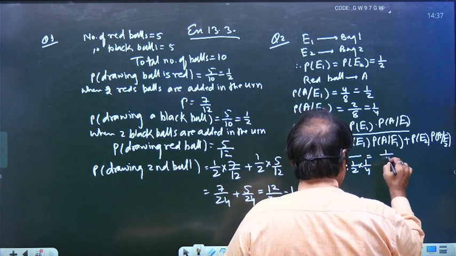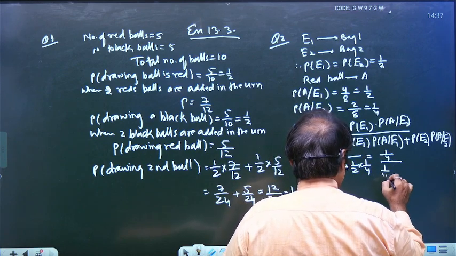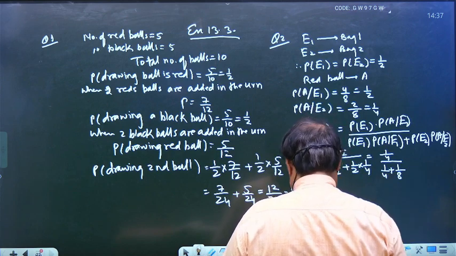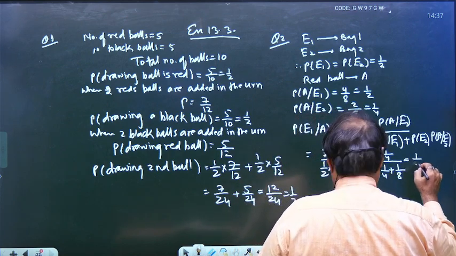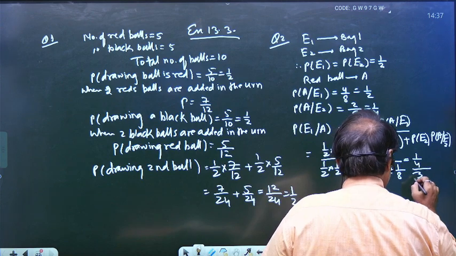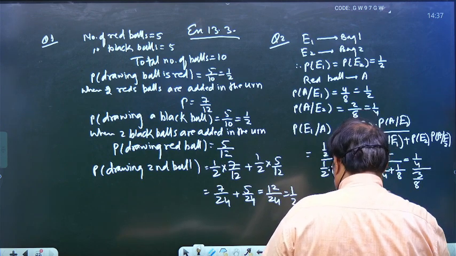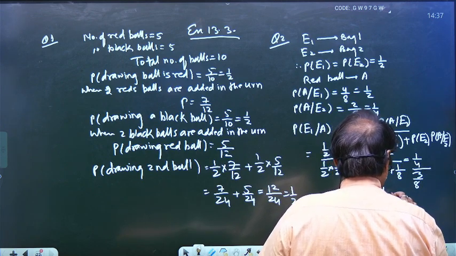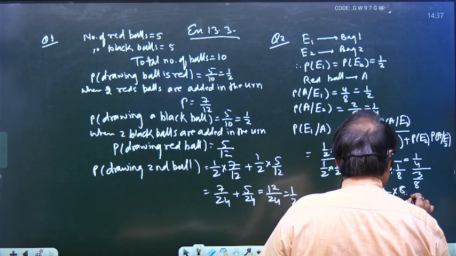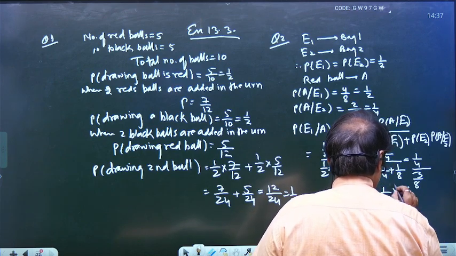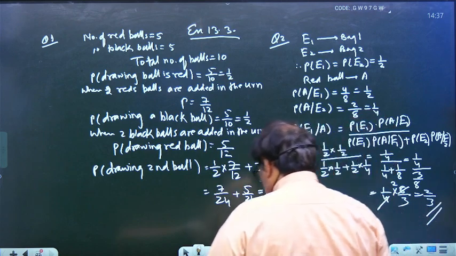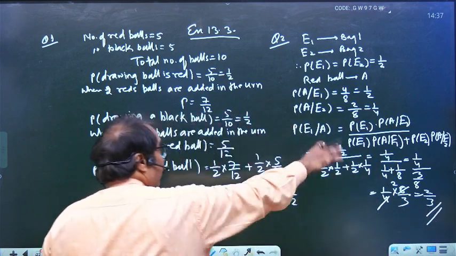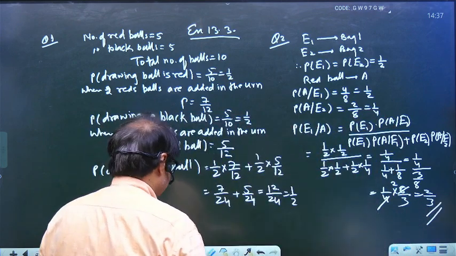So it should be 1 by 4 upon 1 by 4 plus 1 by 8, which equals 1 by 4 divided by 3 by 8. So finally it is 1 by 4 times 8 by 3. The 4 and 8 cancel, so 2 by 3 is the answer to this question. Here we have applied the Bayes theorem.